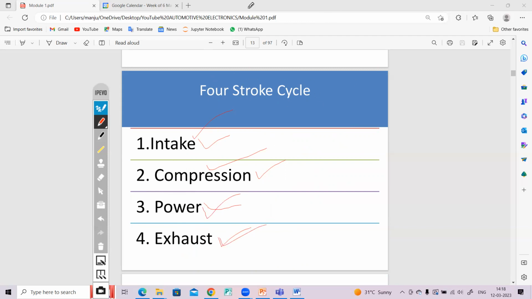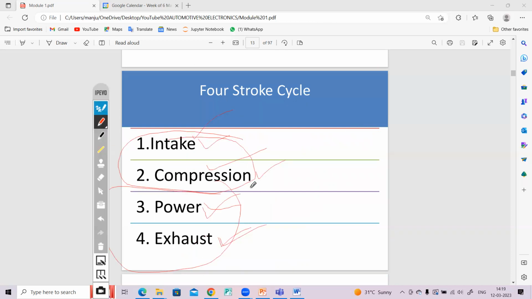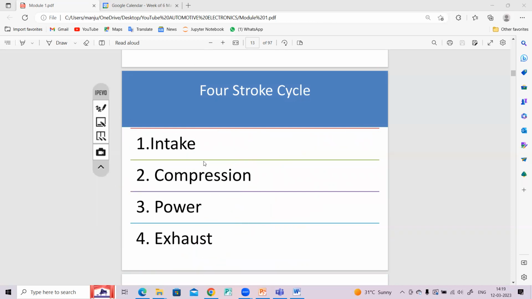If you go with two-stroke, maybe the intake and compression act as one, and power and exhaust act as one. Okay, so these four parameters act as the four strokes that form a four-stroke engine here: intake, compression, power, and exhaust. Okay, let me see what is intake, compression, power, and exhaust.